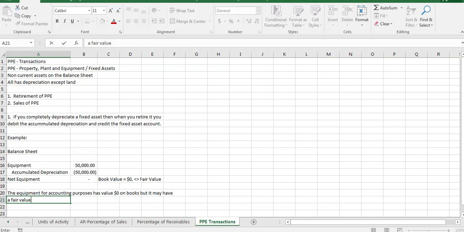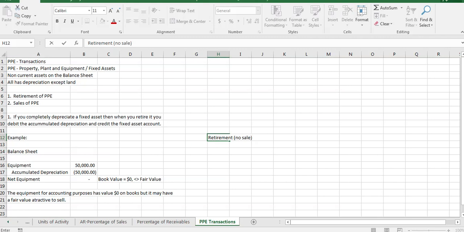But as for what we want to do for this particular asset, since its book value is 0 and we want to retire it, our journal entry will be very simple. We will not sell it.